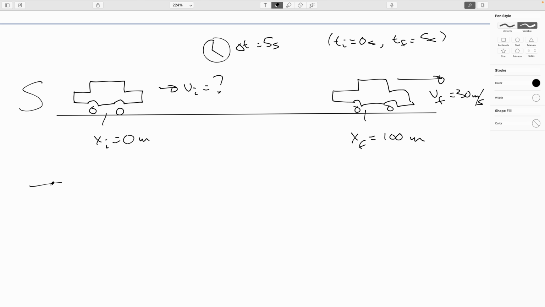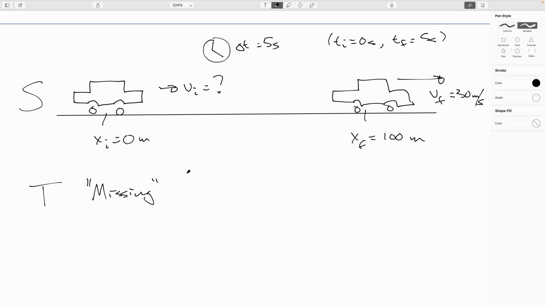And what I want to find is some tool that will let me connect all this information together. Well, we're tacitly assuming that this is uniform acceleration, because that's the section we're working on here. So, in fact, we can even just say the car accelerated uniformly. What I like doing for identifying what equation to use is figure out what am I missing.